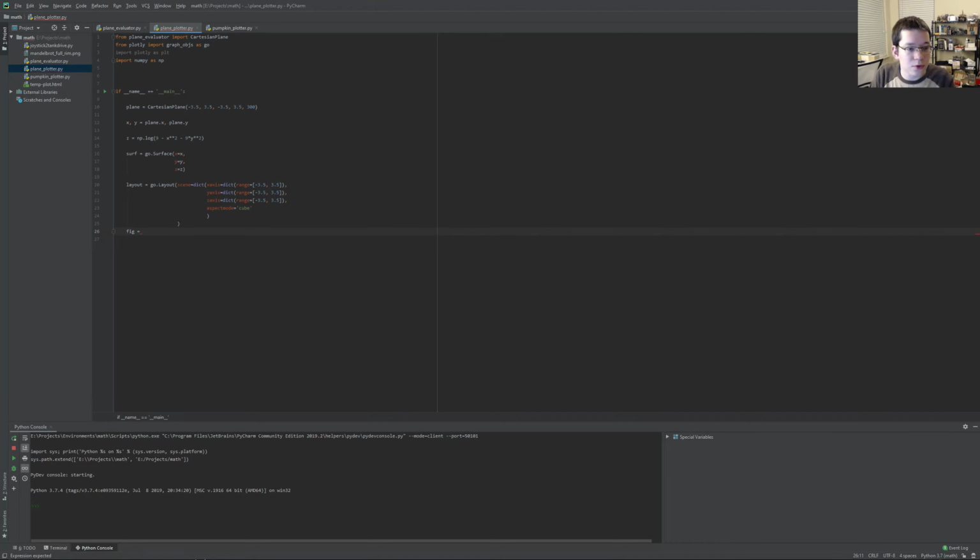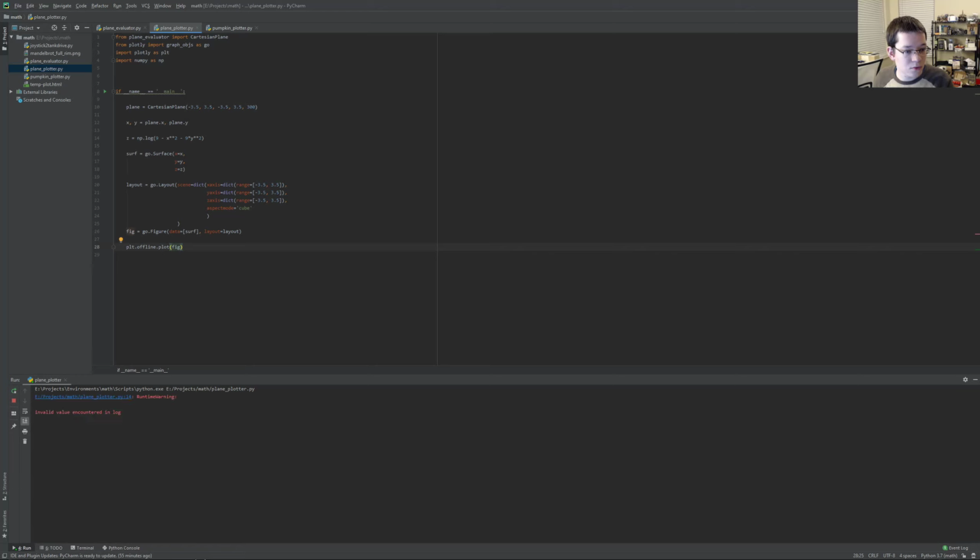Figure equals figure, data equals surface, layout equals layout. plt.offline.plot figure. Invalid value encountered in log, that's fine.